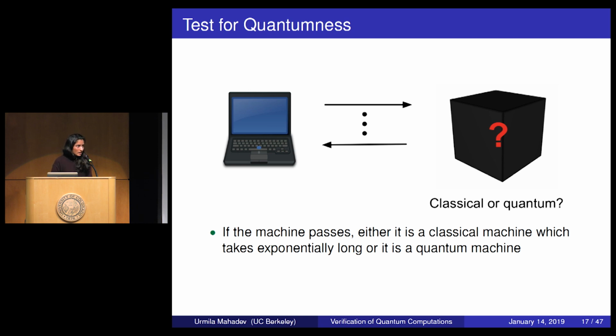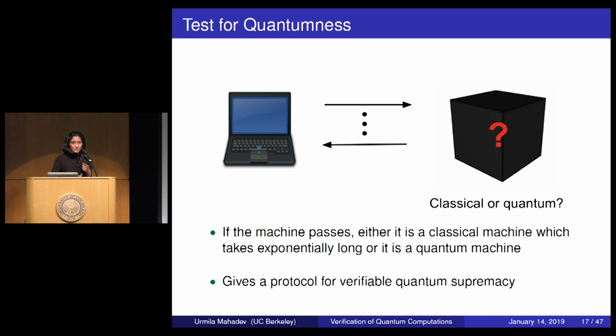That's it. A protocol which satisfies this guarantee could be used as a protocol for verifiable quantum supremacy. It's for quantum supremacy because it's easy for quantum machines and hard for classical, and I'll show that it's actually verifiable classically that a quantum machine is passing this test.